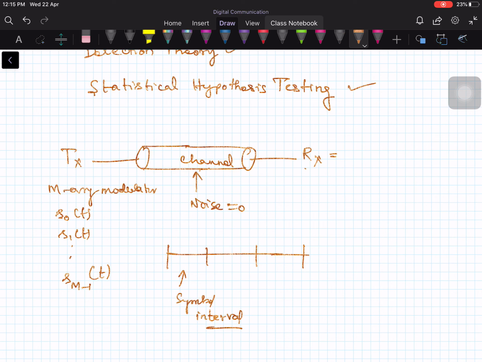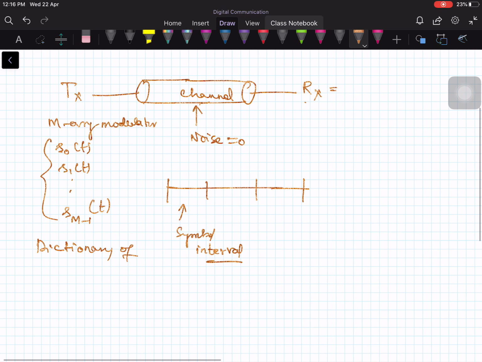For example, here I considered an M-ary modulation scheme. Then you have a dictionary of M possible waveforms.